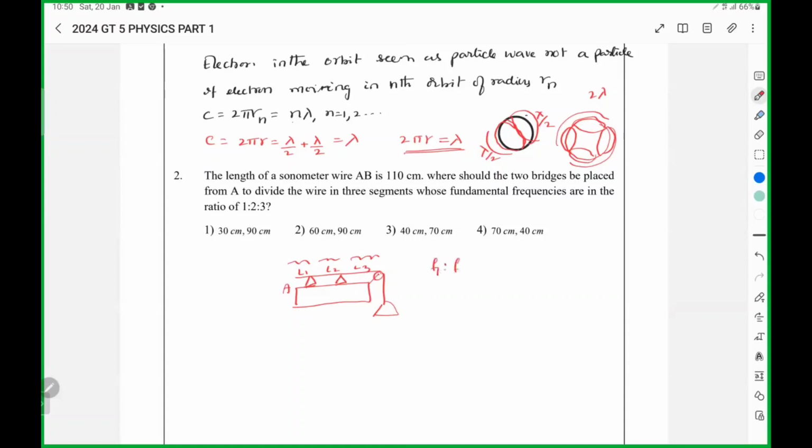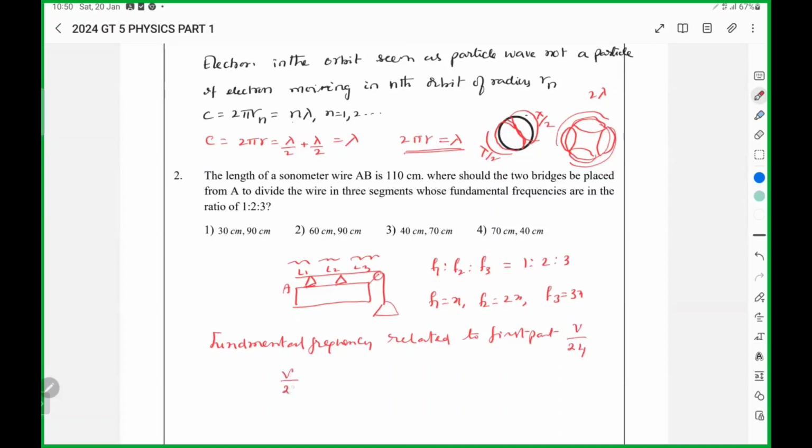The fundamental frequencies are in the given ratio. Say f1 is x, f2 is 2x, f3 is 3x. So the fundamental frequency related to the first part is V by 2L1.